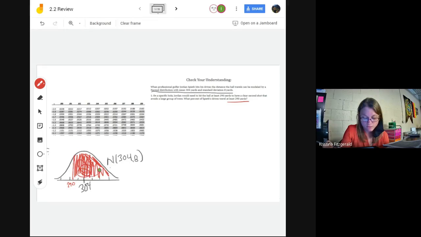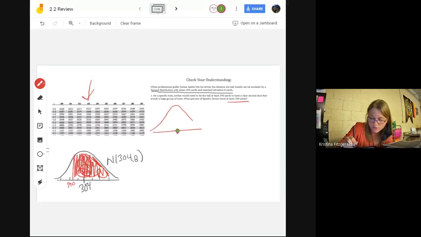So what I want to do is figure out where 290 would fall on the standard normal distribution, so I can look up the correct area off this chart. If we draw the standard normal curve, basically this is all our z-scores. I'm going to say 290, shade greater than, but I need to find the z-score.